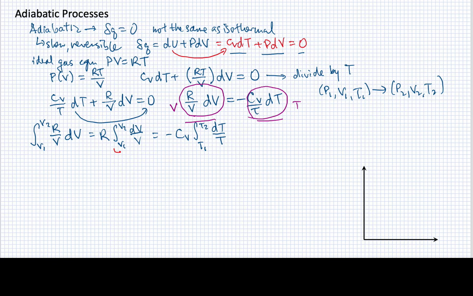So if I were to actually evaluate this integral, I already know that this is going to give me log of V2 over V1. And this integral is similarly going to give me log of T2 over T1. So we're basically getting the same integral in both cases. But on this side, I'm multiplying by R, and on this side by negative CV. And now I can set them equal to one another.